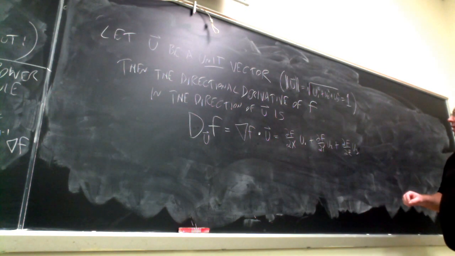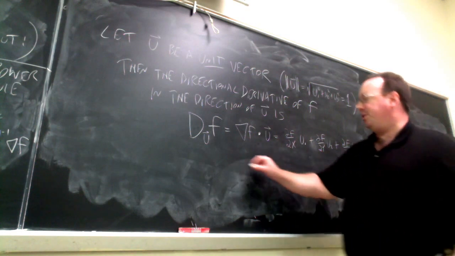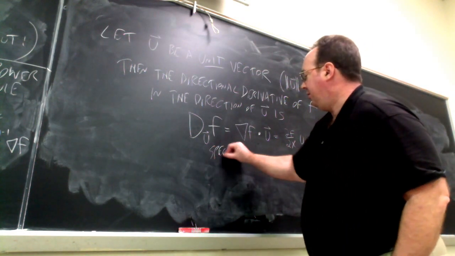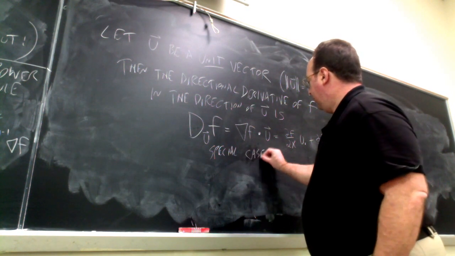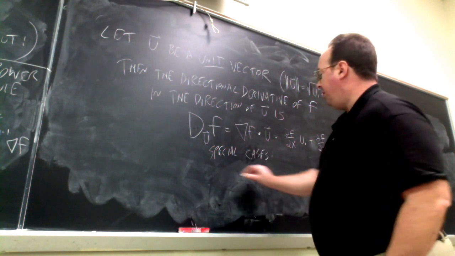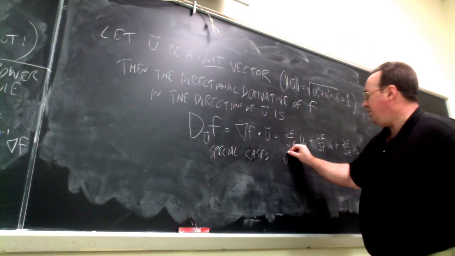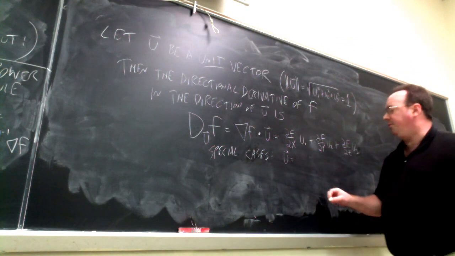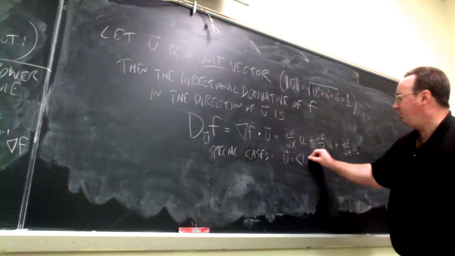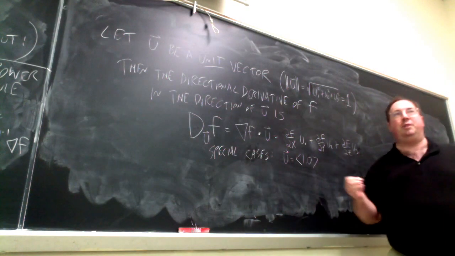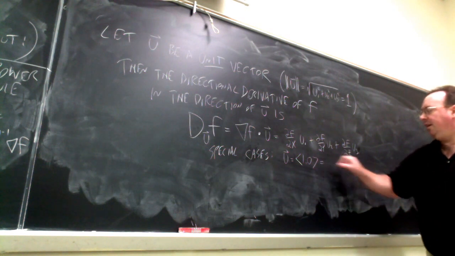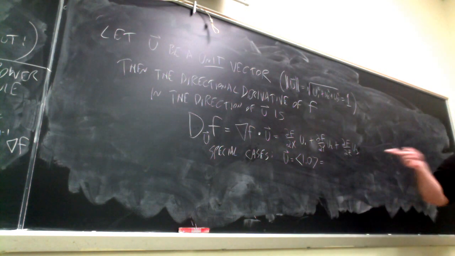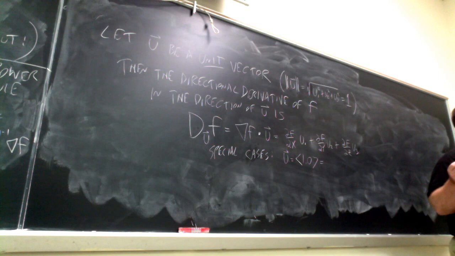All right. So, some special cases of interest. First, if u is a vector that has components 1 and 0, I'm going to work in 2 dimensions here. What is this vector also called, especially in a physics setting? i hat.